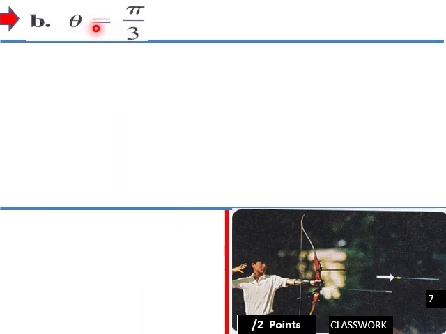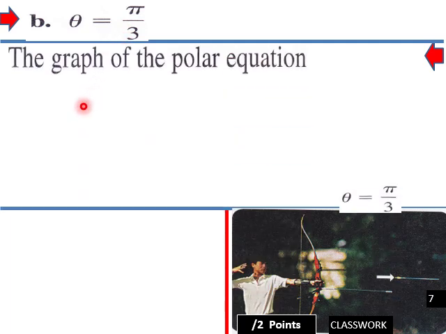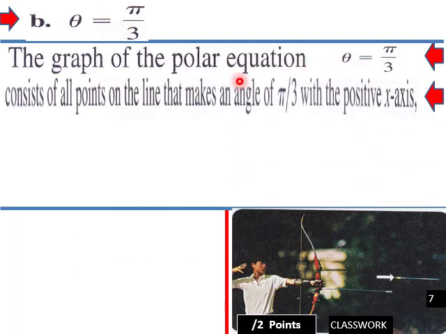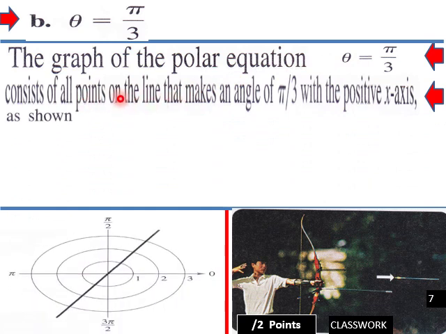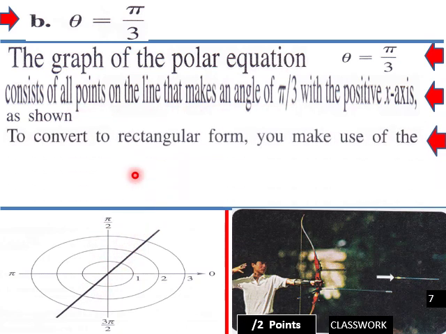Okay, for theta equals pi over 3. The graph of the polar equation theta equals pi over 3 consists of all points on the line that makes an angle of pi over 3 with the positive x-axis, as shown. So it will be right here.